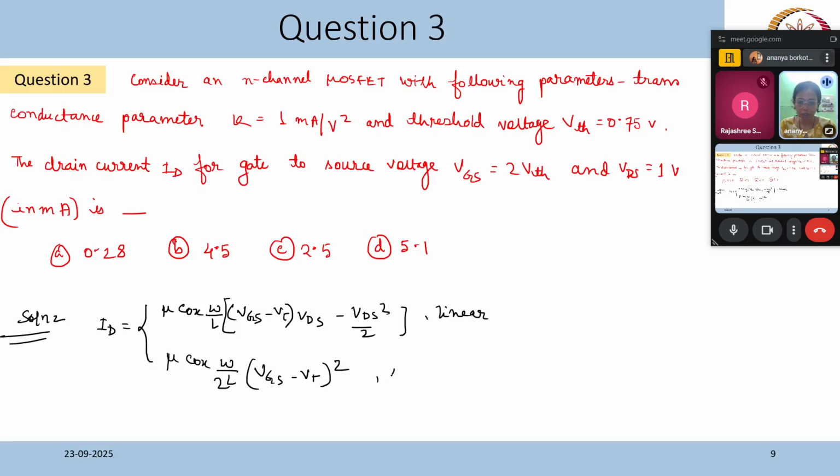This is for the saturation region. I'm not feeling very well and so I'm making this mistake. So if I make this kind of a mistake, then please tell me.